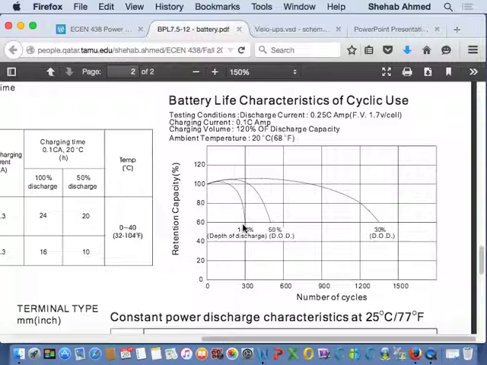And it's the same with the charging information. But if you discharge the battery only to 50%, then this battery can last 550 cycles. If you discharge only to, I don't know, 30%, then you can use it for 1300 cycles, right?